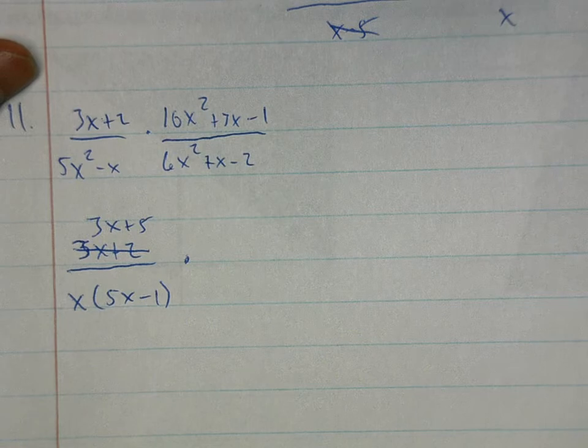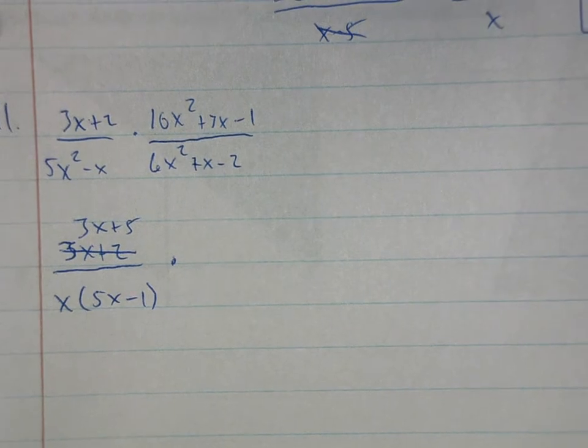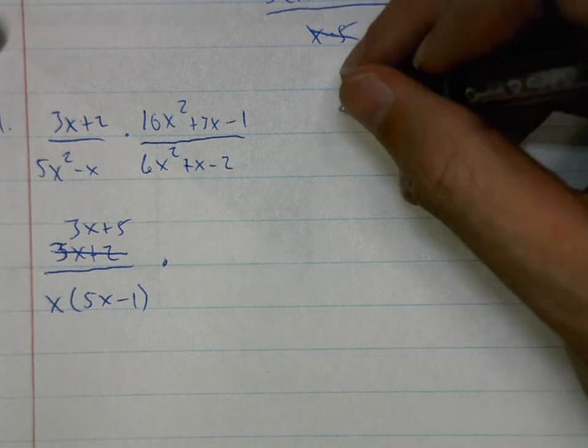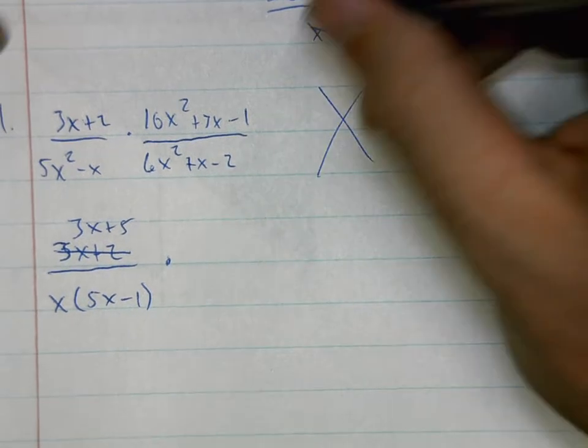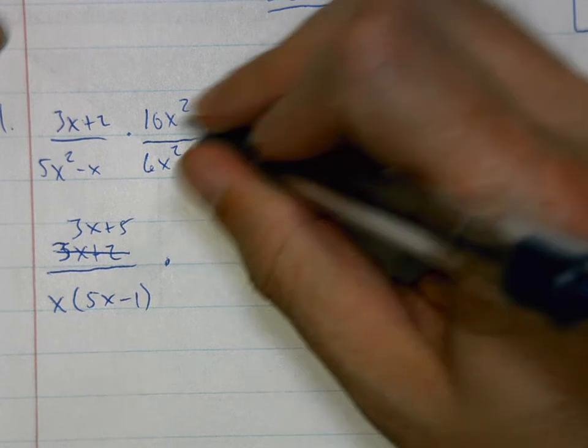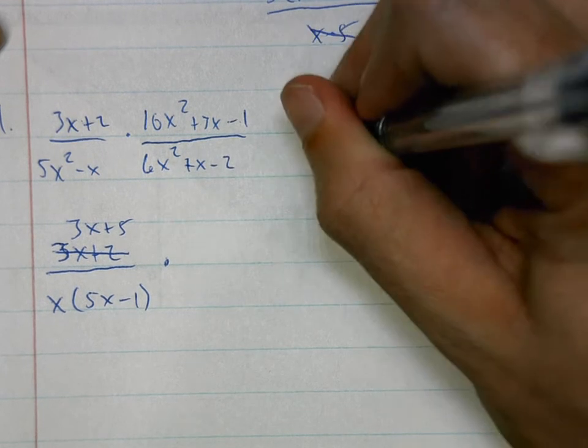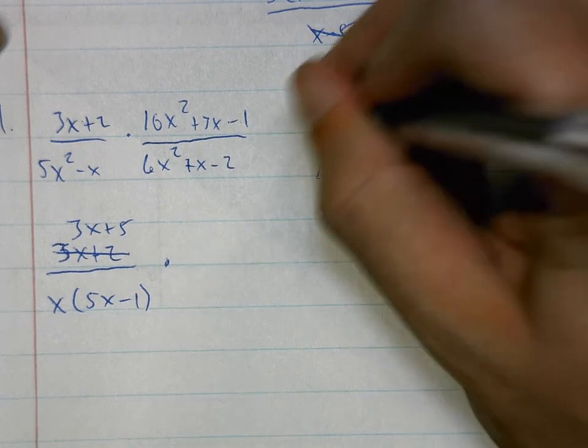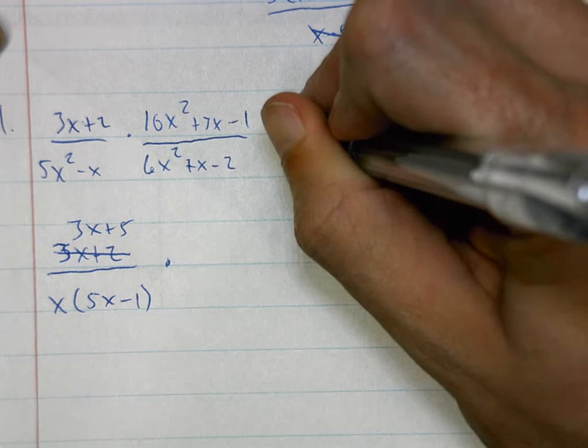I'm going to do this method. So negative 1 times 10 is negative 10, positive 3. So that would be a 5 and a negative 2.